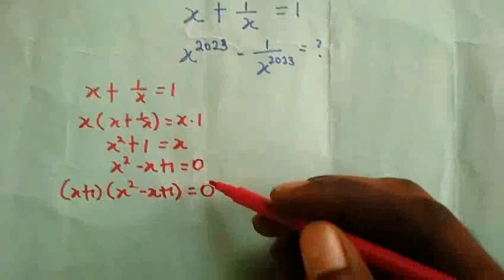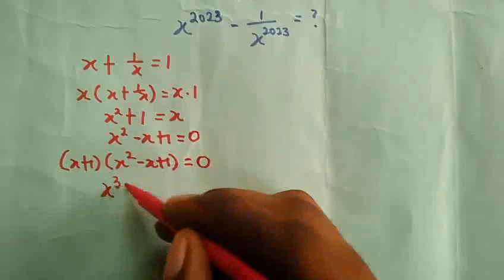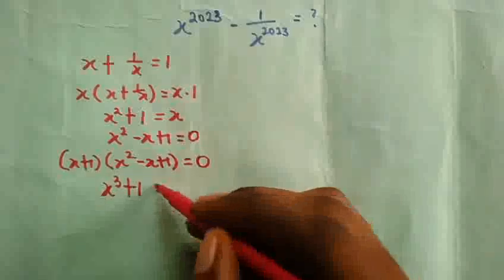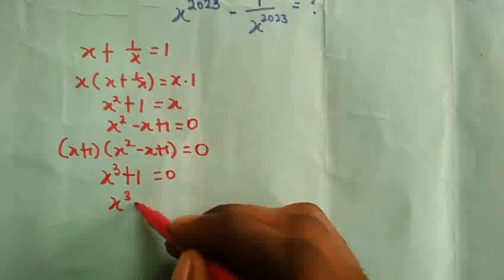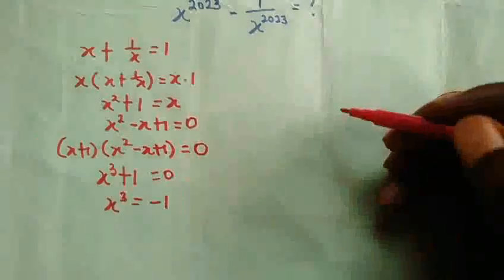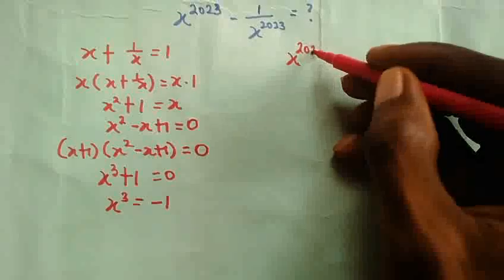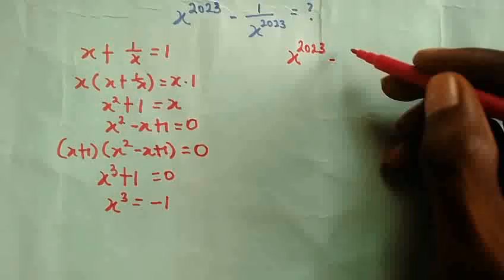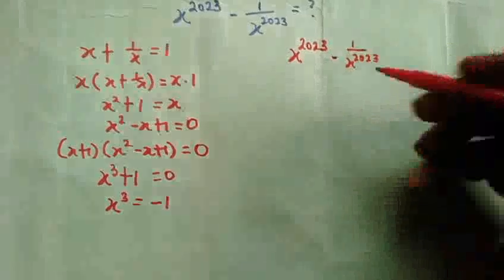Now expanding this, we have x cubed plus 1 is equal to 0, and from here we have x cubed is equal to negative 1. Now the problem here is to find the value of x to the power 2023 minus 1 over x to the power 2023. How can we do this?